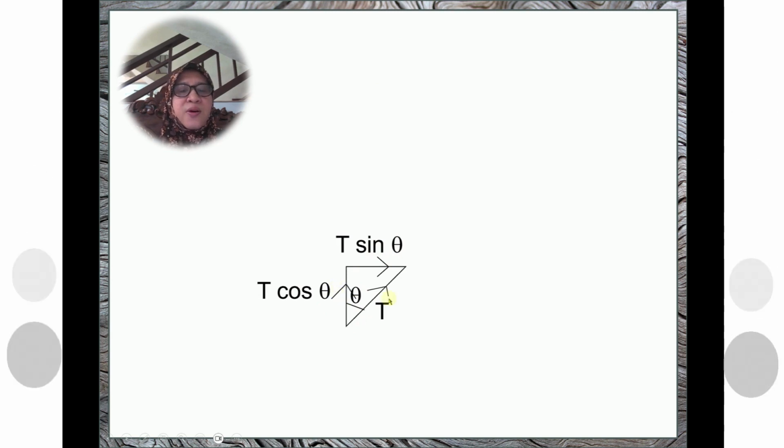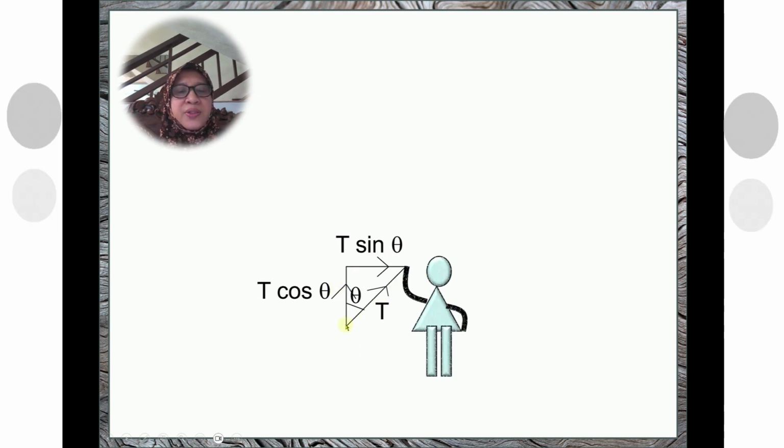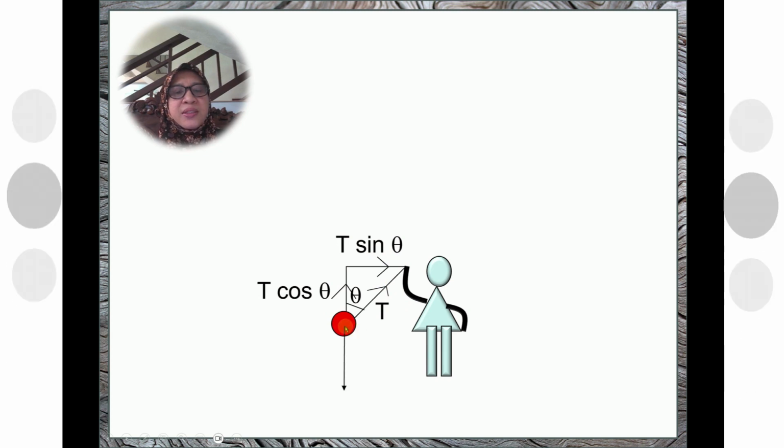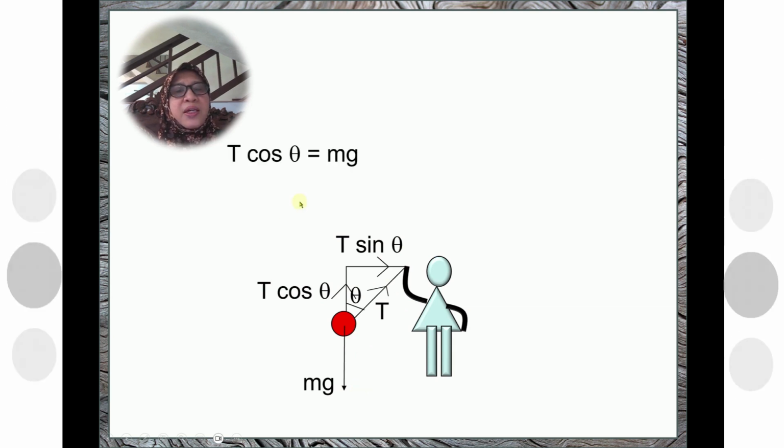This is the stone. Another force that acts on the stone is mg, the weight of the stone. T cos theta must be balanced by mg to maintain the horizontal circular motion.